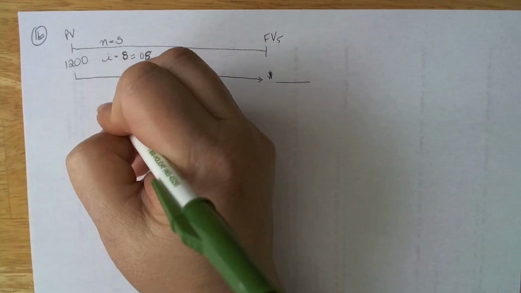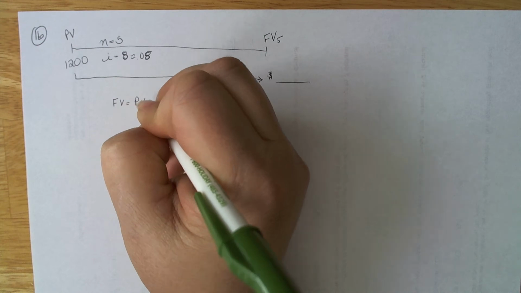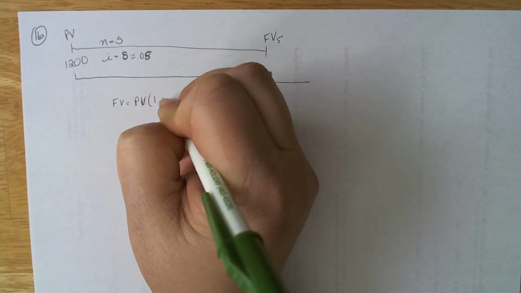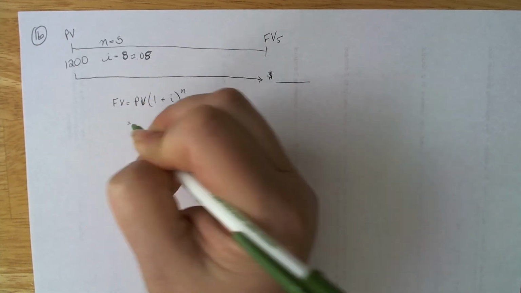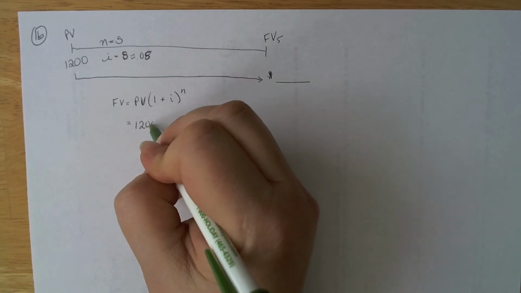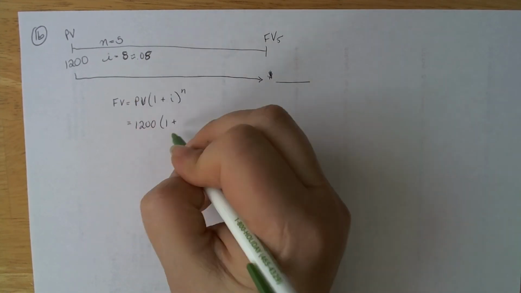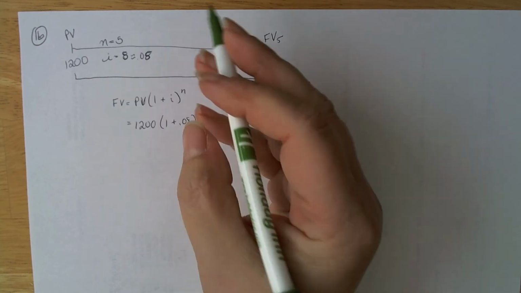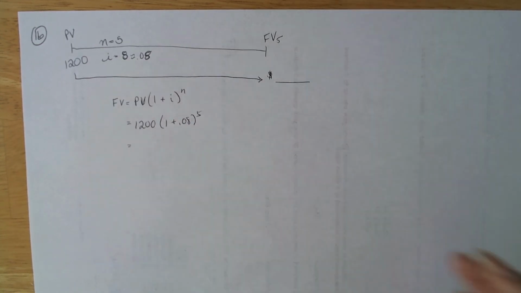So the formula that we're going to use is future value equals present value times 1 plus I raised to the nth. Our present value is 1,200 times 1 plus 0.08, that's our interest rate, raised to the fifth.